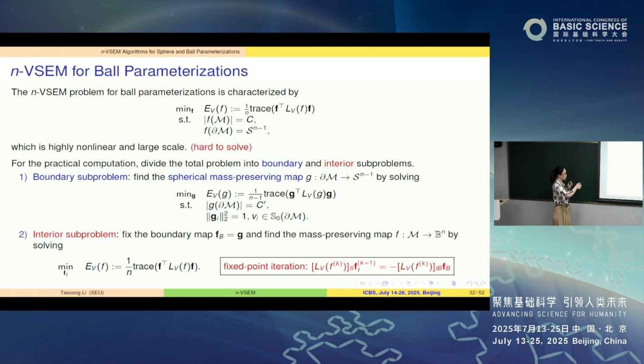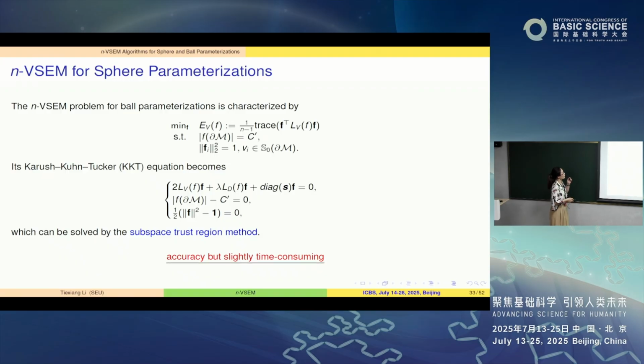Like the former slide. For the spherical parameterization optimization problem, we can consider its KKT equation, and then we can solve it by the trust region method. Actually, we use the south and north iteration scheme several times to get an initial result.